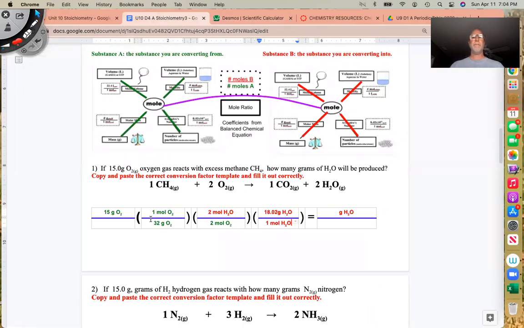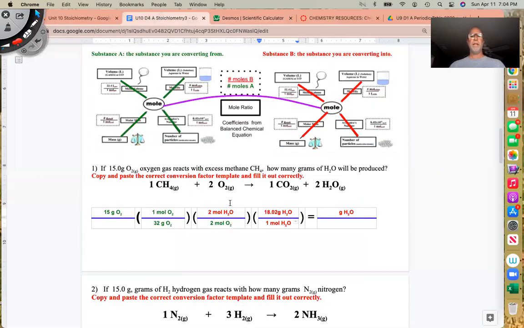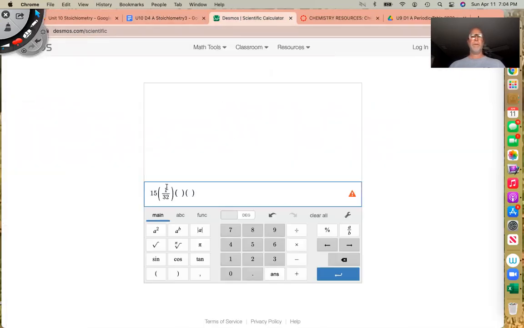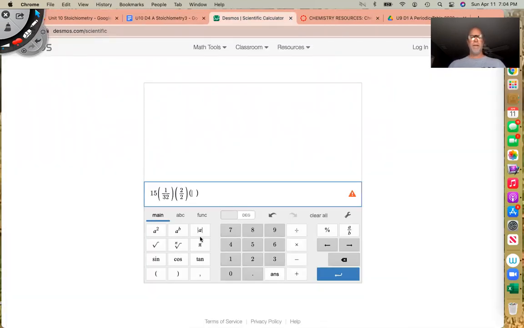Let's take a look. 1 over 32. So let's go 1 divided by 32. Second parentheses: 2 over 2. So we're going to put 2 divided by 2. And in our third set of parentheses, our third conversion factor is 18.02 divided by 1. And our answer is going to be 8.446.